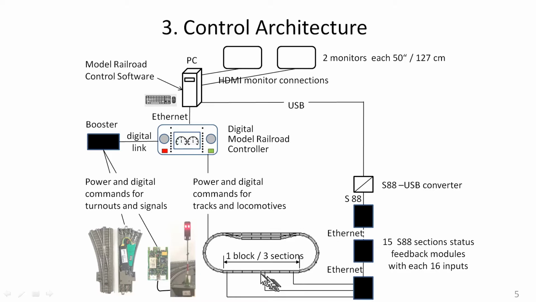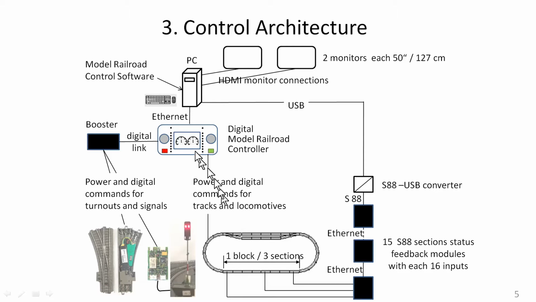You want such a short train to stop exactly in the middle of the platform. So the model railroad controller software can have a command point in the middle section to stop the train exactly in the middle of the platform.